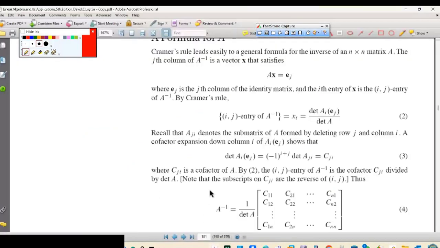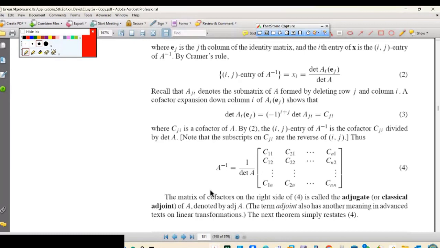Let's go to your book and talk about the classical adjoint, or adjoint, or cofactor method. See here, we have A minus 1. I will take this to explain to you later.